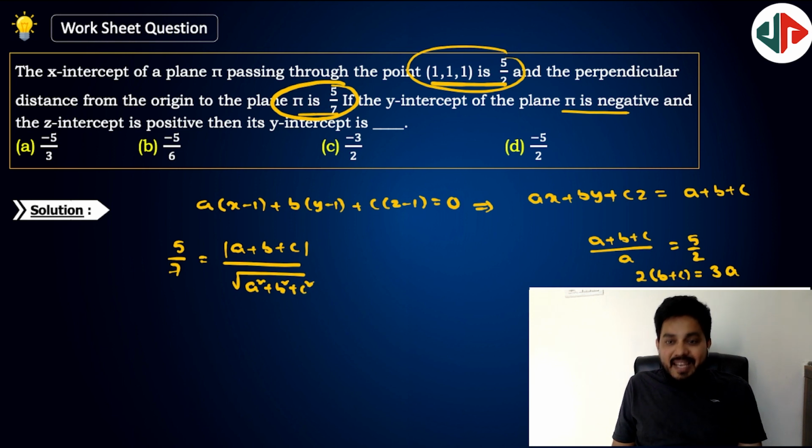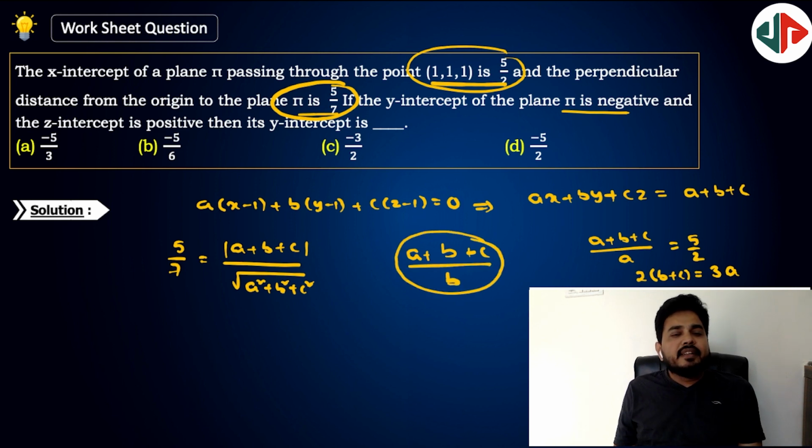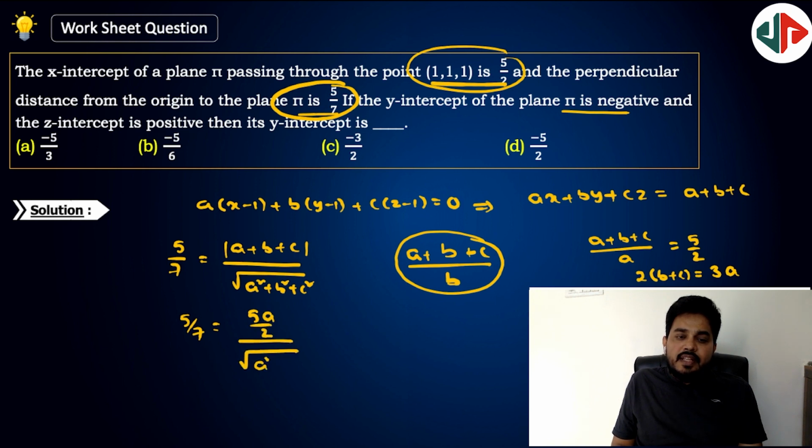Now carefully observe what I exactly require: the y-intercept. What is the y-intercept? I need (a + b + c)/b. So a + b + c = 5a/2, and 5/7 = (5a/2) divided by the square root of a² + b² + c². The 5 cancels.